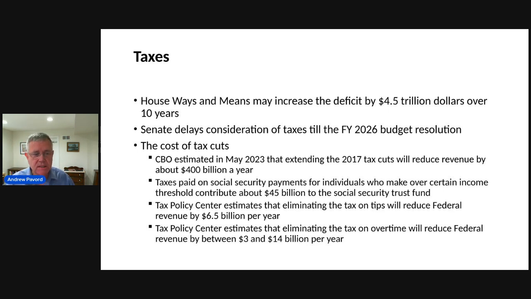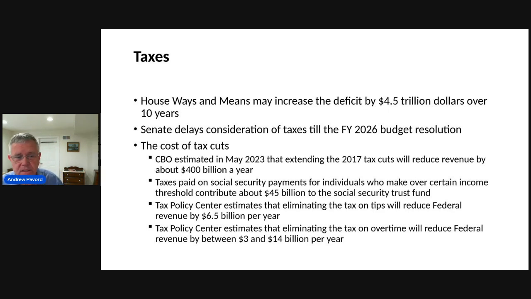The CBO estimated in May of 2023 that extending the 2017 tax cuts will reduce revenue by $400 billion a year. That's the biggest piece of tax cuts under consideration, simply extending the already existing tax code that was enacted into law in 2017.